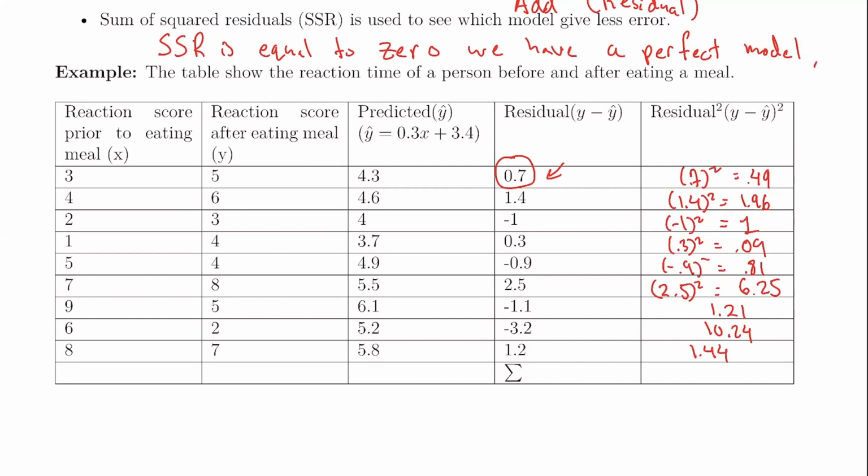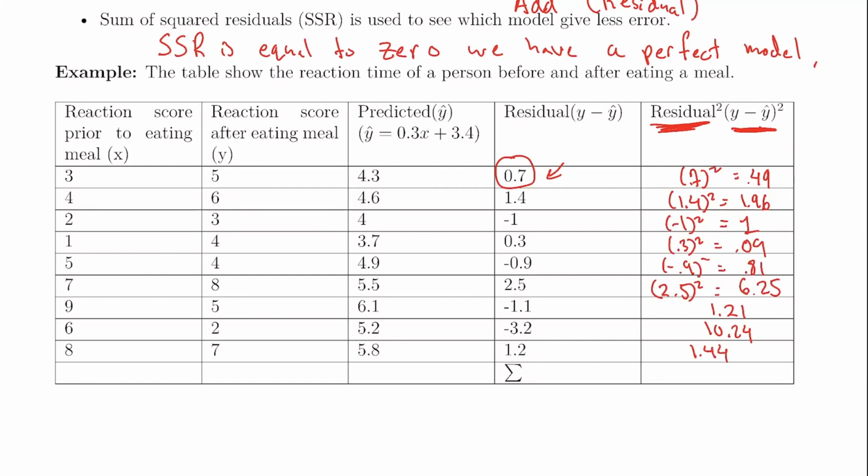Any question on how I got residual square? Or if you want the actual formula, it's over here. All right, so I'm going to go ahead and add these values together: 0.49 plus 1.96 plus 1. Very cool, somebody already calculated that for me, so I'll go with their answer.